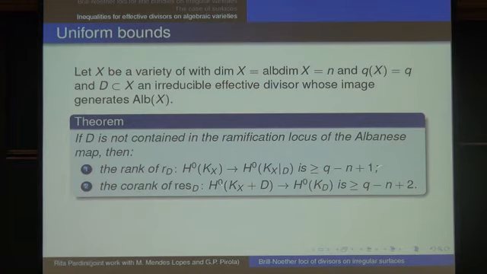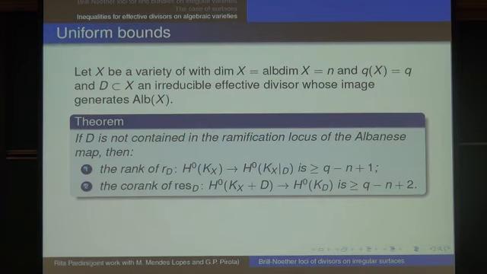And then we look at the next step in the restriction sequence. We have H0 of Kx plus D, H0 of Kd, H1 of K, next will be H1 of K plus D, but then in this case we have no vanishing. So while in the other case the map was automatically surjective, we have to take care also of the rank of this map.